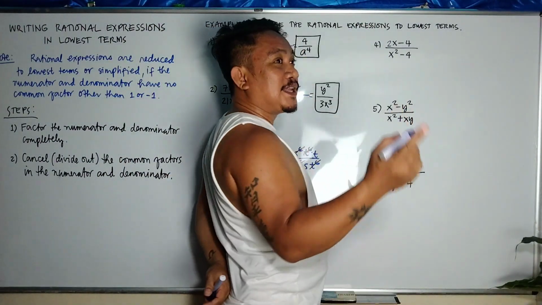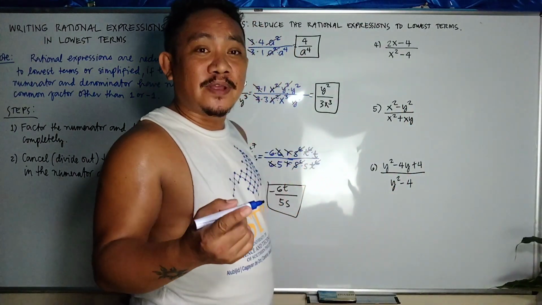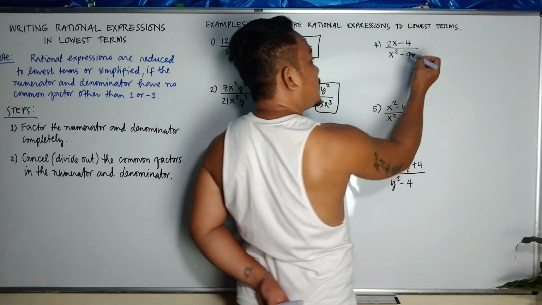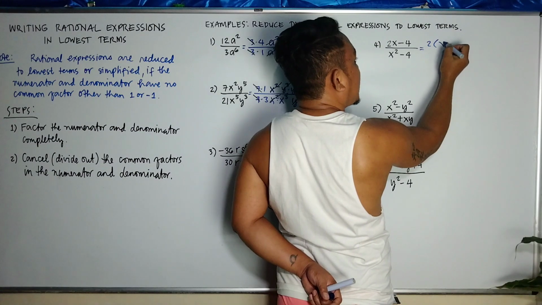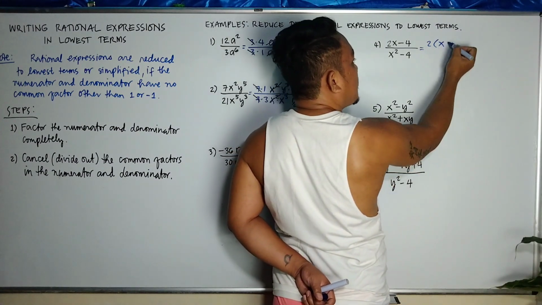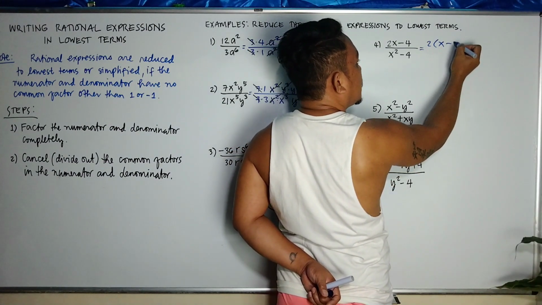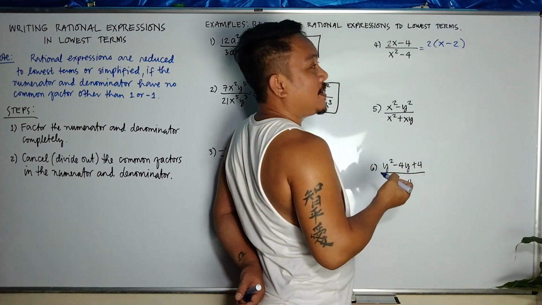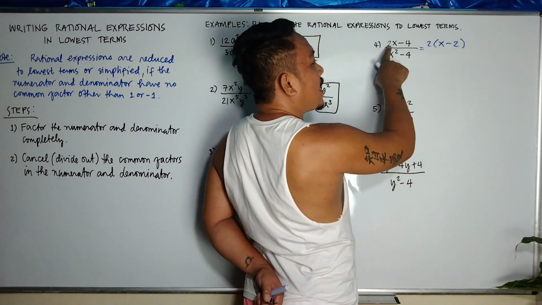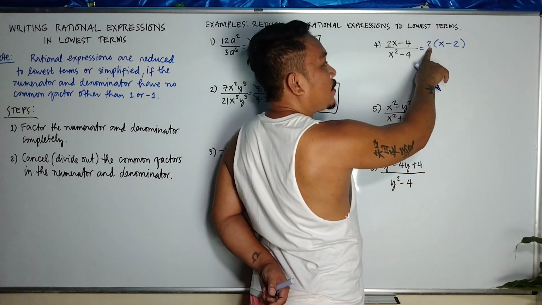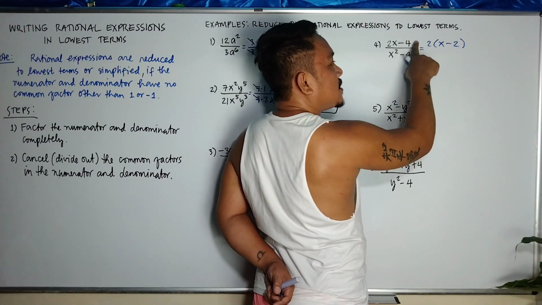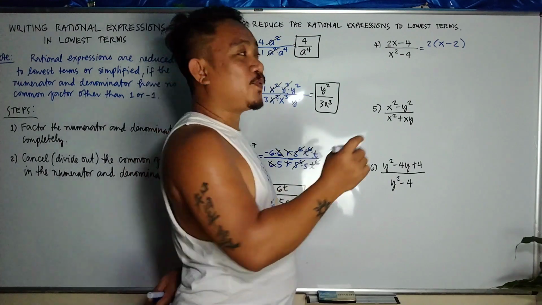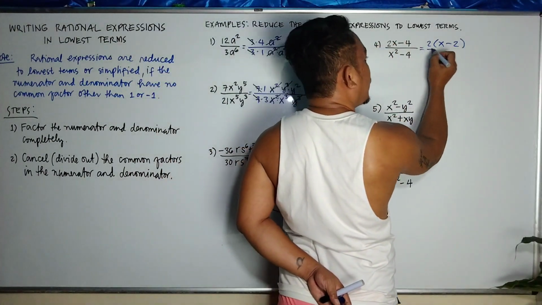Sa atong first nato nga type of factoring, the greatest common factor, no? You remove out 2, then x, na lang din siya, minus 2. Okay? Paro ka siya, no? Kaya ang common nila is 2. So, if you check, 2 times x is 2x. 2 times negative 2 is negative 4. Right? So, we factored out 2 over.